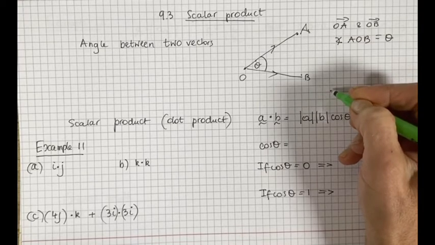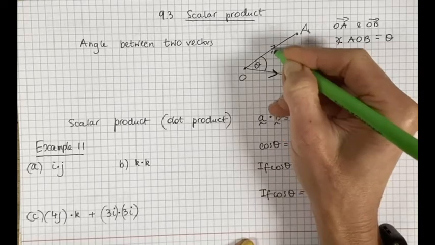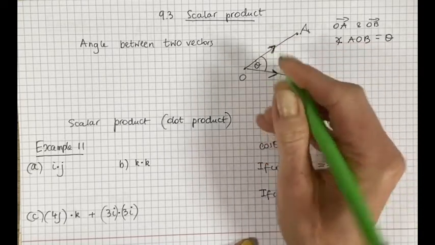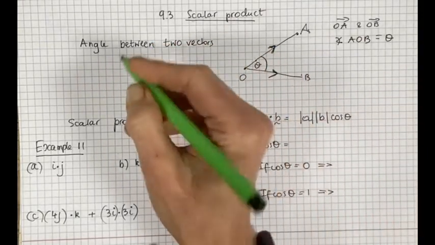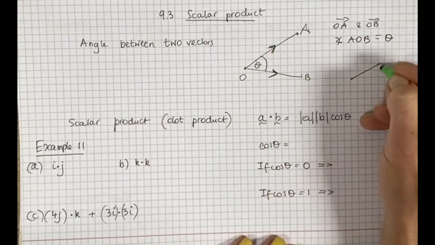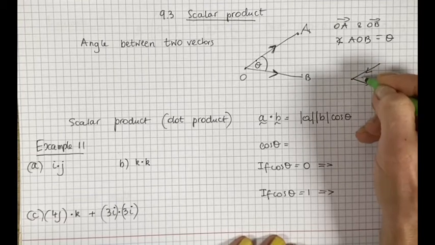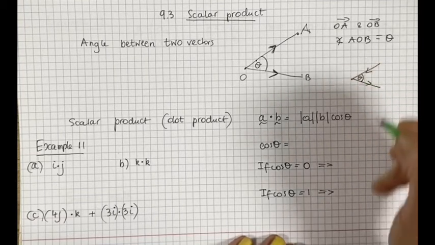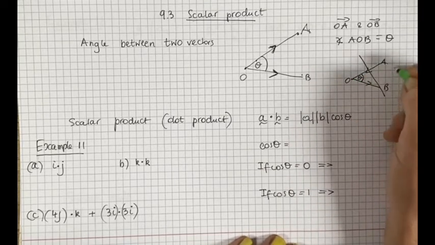What you need to make sure is that those arrows go away from the point. You cannot have one arrow going that way and one going that way and call that your theta. That is not correct.